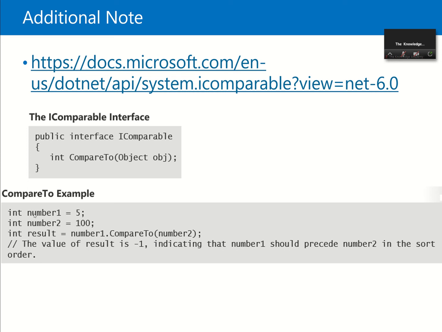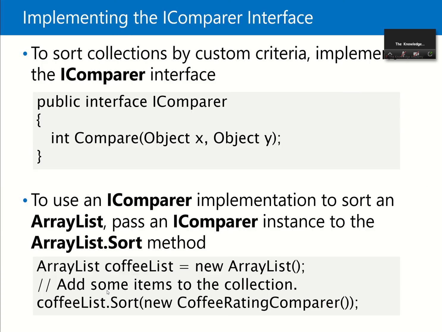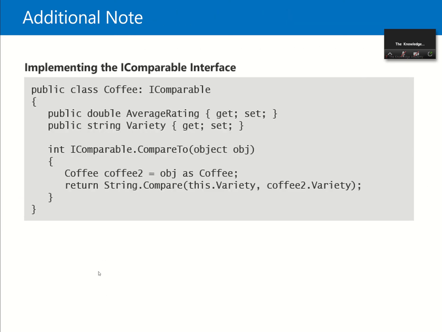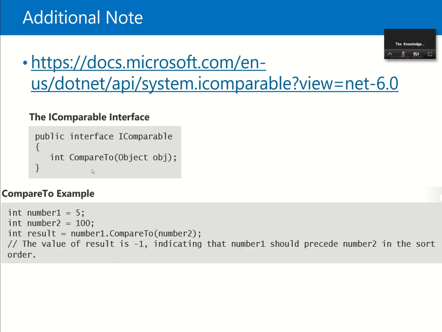So this is before we see how the interface works. In the example, the CompareTo method itself will compare two values. For example, you have the number1 variable and the number2 variable, 5 and 100. You create an integer called, let's say, result of the comparison.